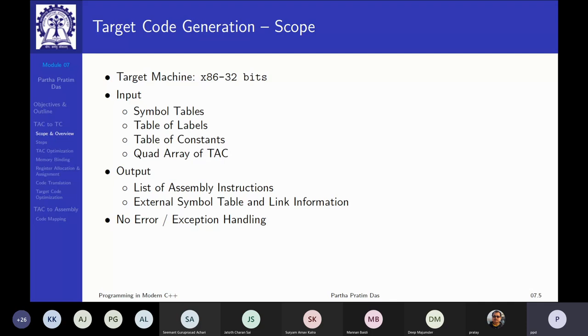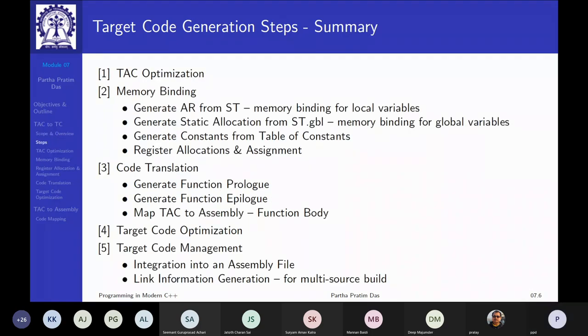So it needs a little different or additional kind of processing, which at least in the initial discussion we will not be talking about. So given this scope, let me walk you through the basic steps in target code generation. We have the quad array of 3-address code. The first thing that we try to do is to optimize it.